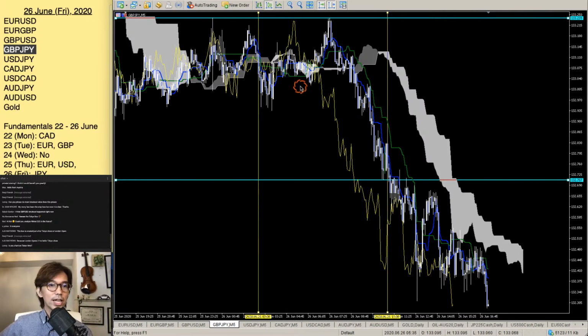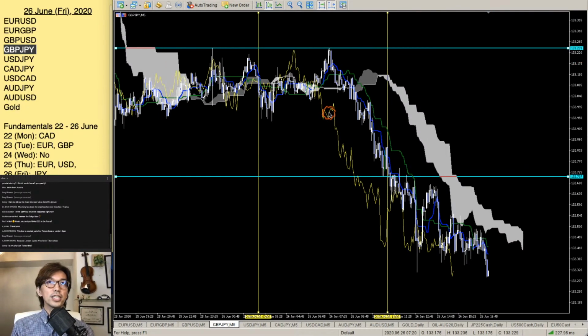I've seen lots of videos and read lots of books in Japanese, and most likely the way they introduce the techniques is contrarian trading. That means there are people who take trades in the range, because usually the Asian session is in the range.